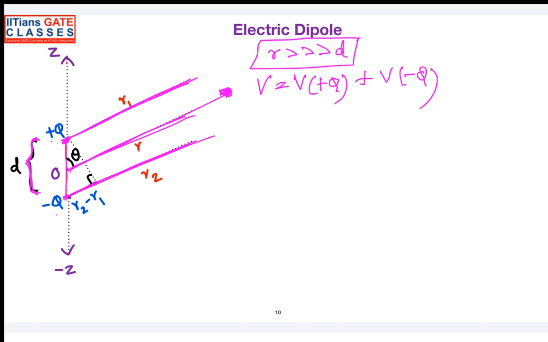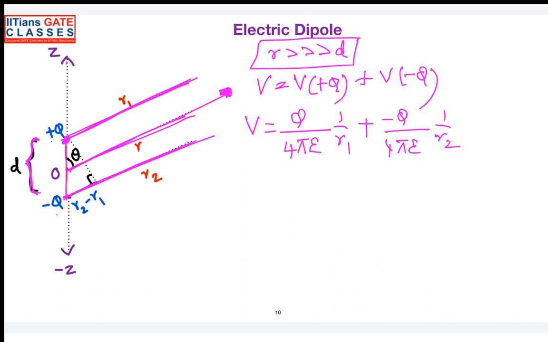So the potential due to the positive charge will be straight away Q by 4 pi epsilon. We have seen in case of point charge, Q by 4 pi epsilon into 1 by R is the potential. So from the positive Q, you are at a distance of R1. Plus, what is the potential due to the negative charge? Minus Q by 4 pi epsilon into 1 by R2.